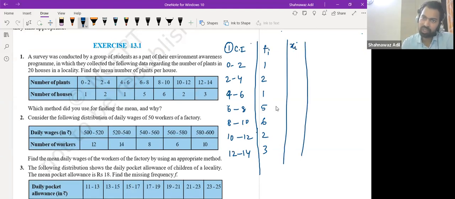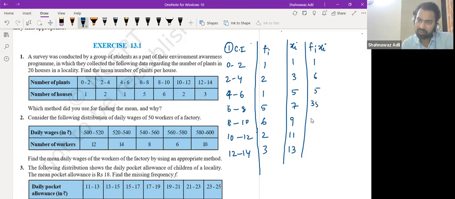So this would be 1, 3, 5, 7, 9, 11, and 13. So we can use this direct method in this case. So this would be 1, this would be 6, 5, 35, 54, 22, 39. So summation of fi, this is how much? This is 20 houses, right?